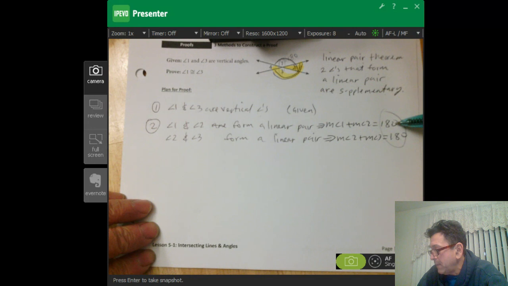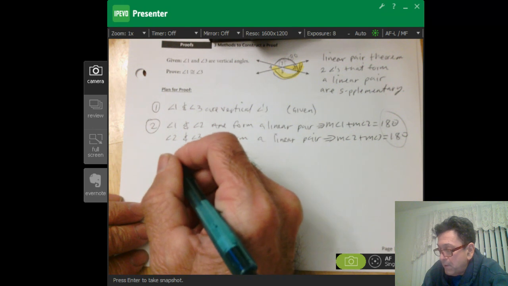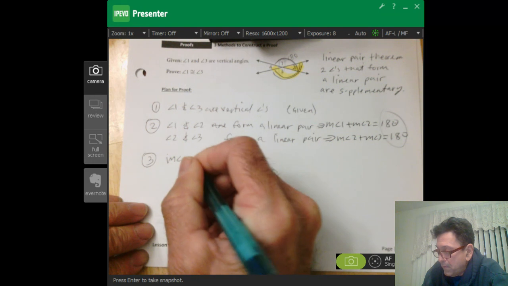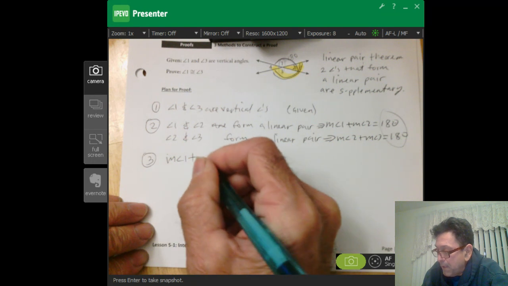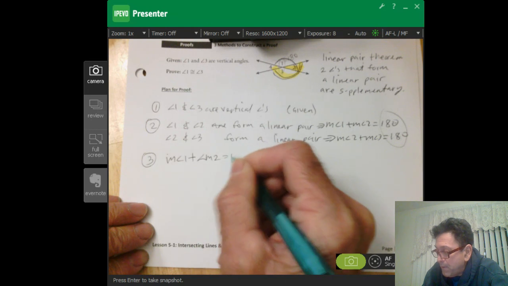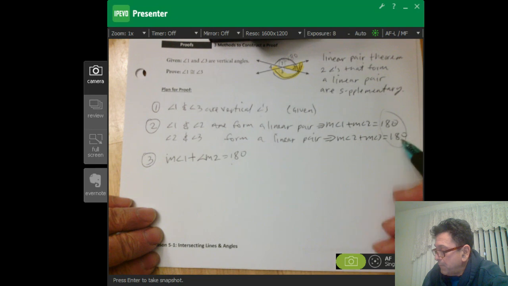Okay, so 180 and 180, we have something that they have in common in addition to the angle 2. So I'm going to write it out like this over here.